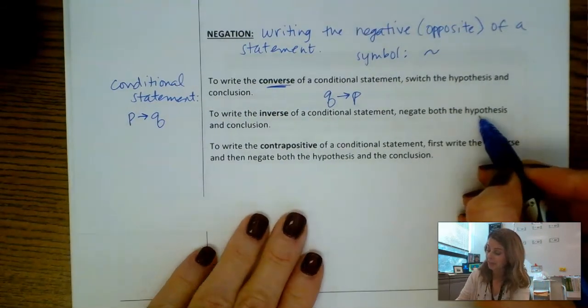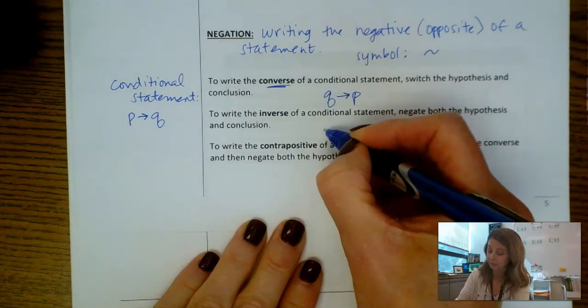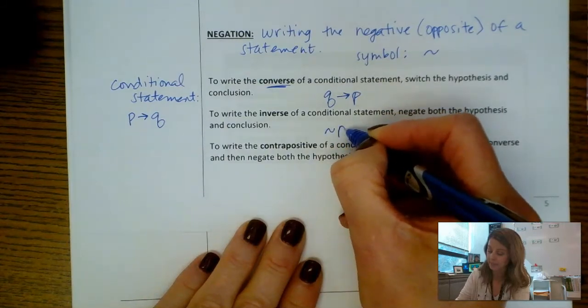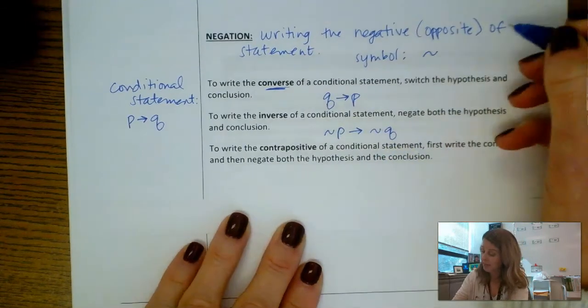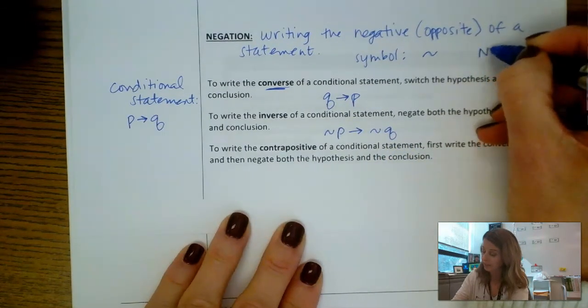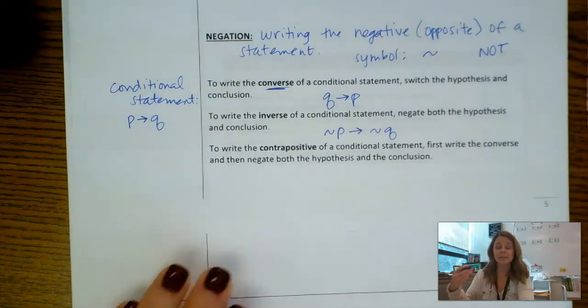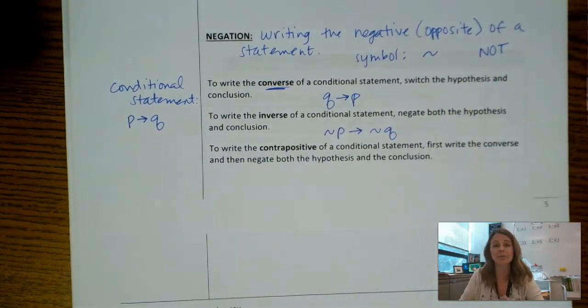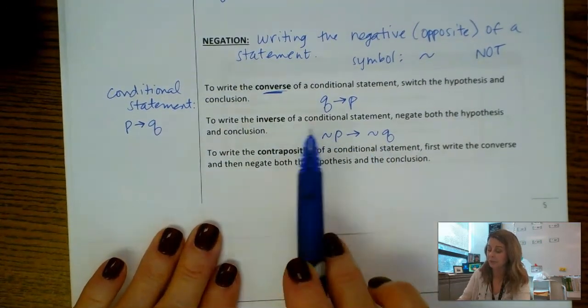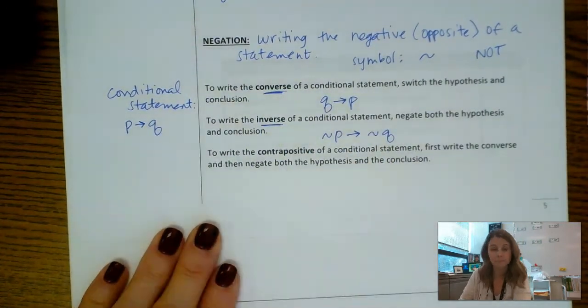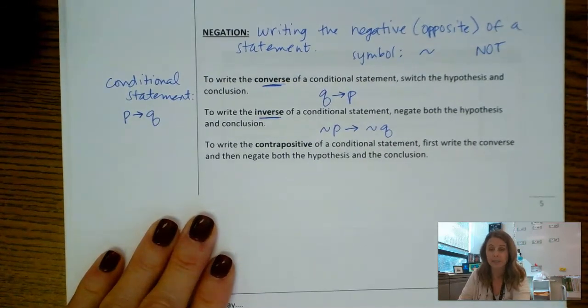So they say hypothesis, then conclusion, but we want this symbol: not P, and then your arrow, and then not Q. And I'm going to add up here the word not, because a lot of times you'll hear me say not, which is negating something. So not P, then not Q is the inverse. And we'll write these sentences out to help this click a little.